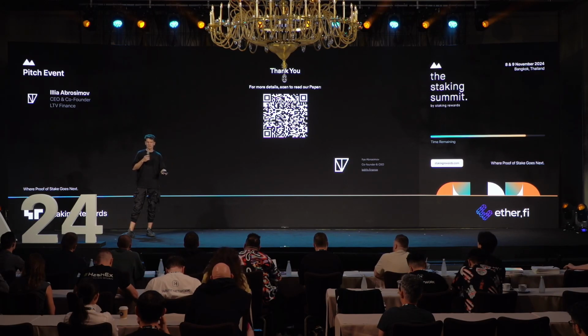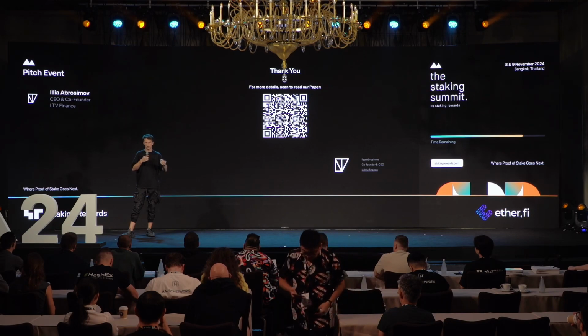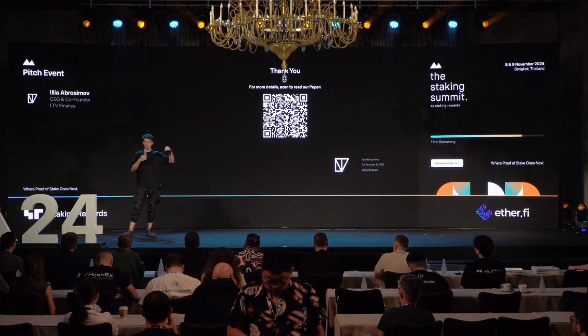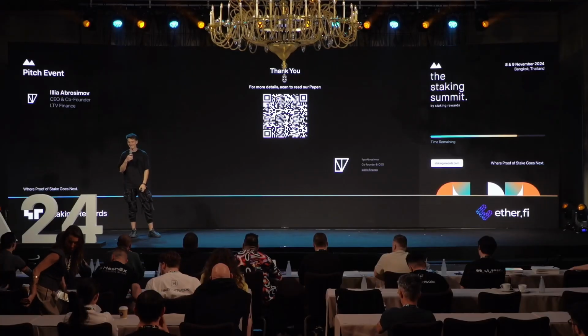In terms of limitless LTV, obviously it's not absolutely limitless, but with each loop, with each new deployment of leverage on top of leverage, you basically separate users by risk profile. Some of them will be willing to take more risk with higher rewards. Some of them will stay at a lower level of leverage.